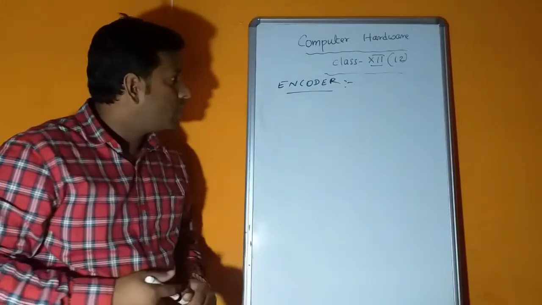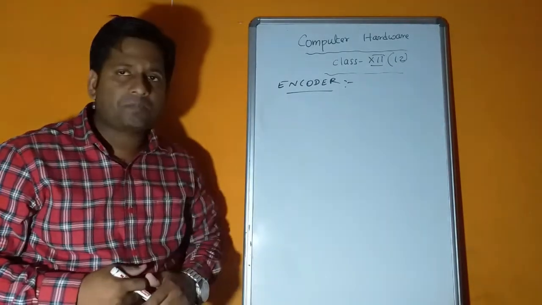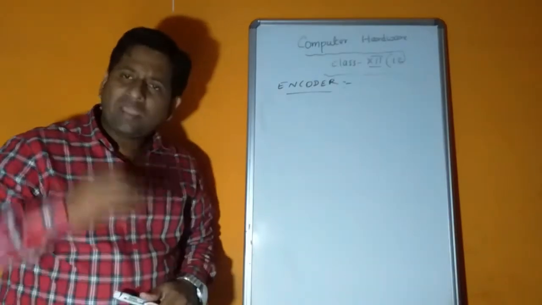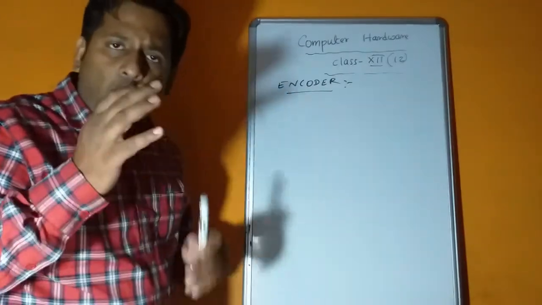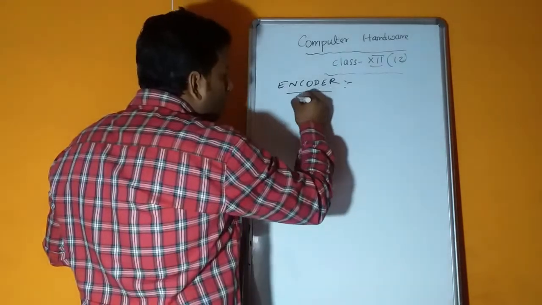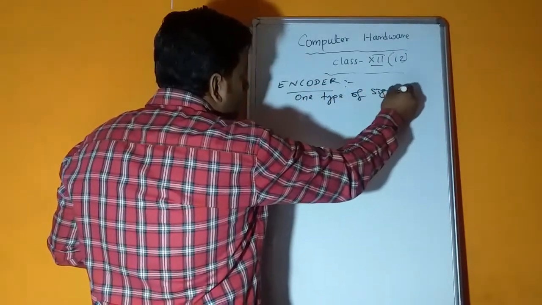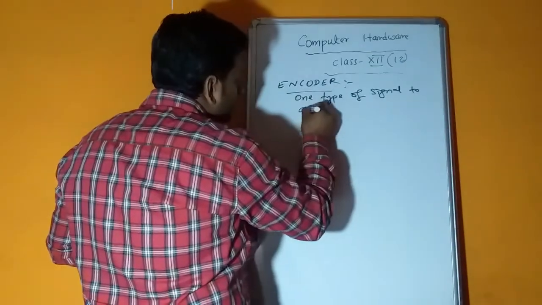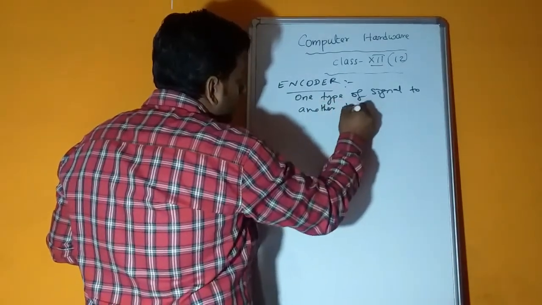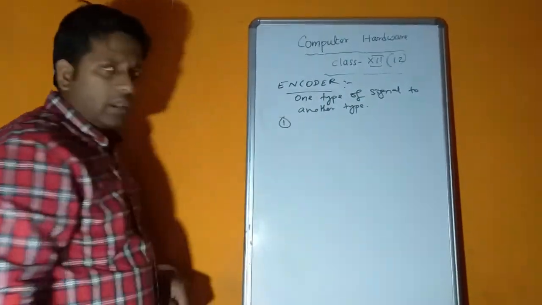So children, the next application of logic gate is encoder. First of all, let me tell you, encoder is used to convert one type of signal into another type of signal. In our syllabus, we have two types of encoder.